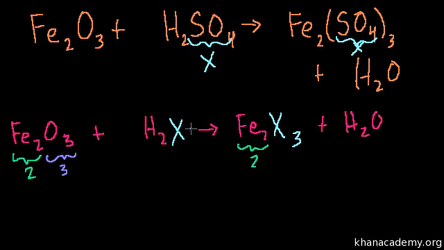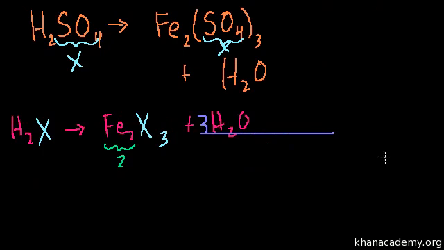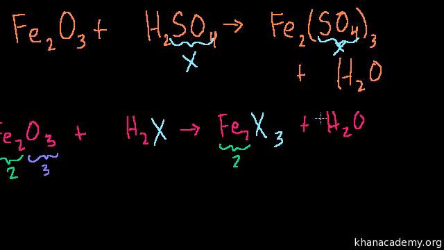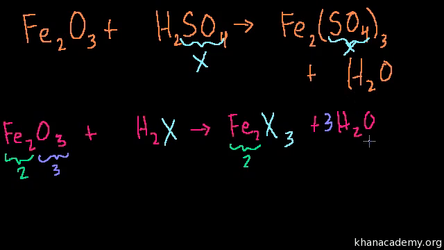Remember, there were some oxygens in this X group, but the sulfate group stayed together, so we can treat those separately. So if we want 3 oxygens on the right-hand side as well, let's stick a 3 here. Now we have 3 oxygens as well.